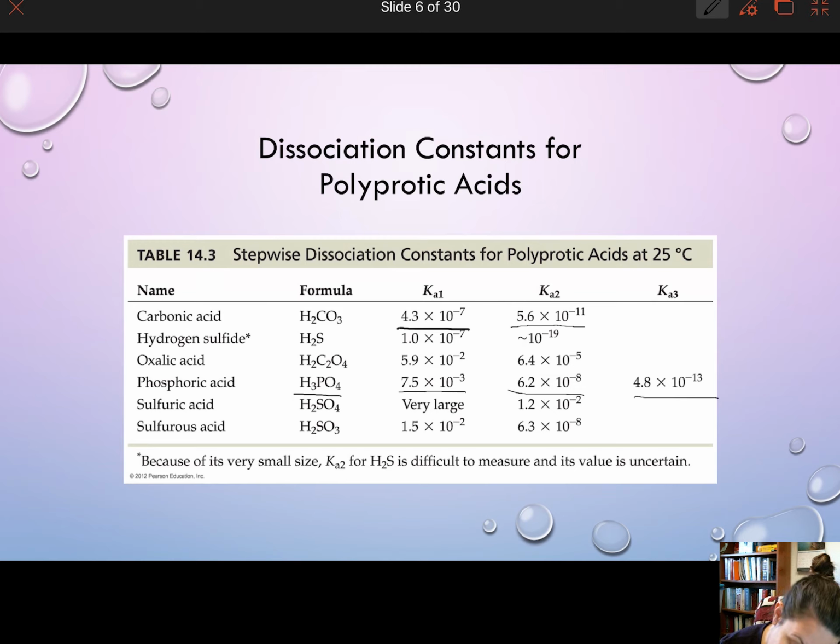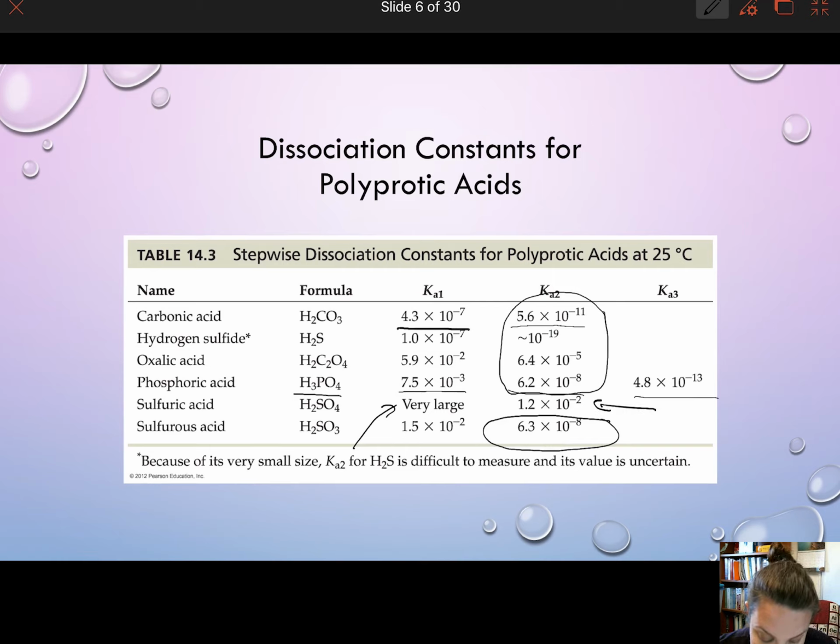So, if we see over here, most of these second Kas, with the exception of sulfuric acid, which starts out as a strong acid and then becomes a weak acid, are going to be considered small enough to use small x, so we wouldn't even really consider their dissociation in their hydronium concentration after losing this first one.